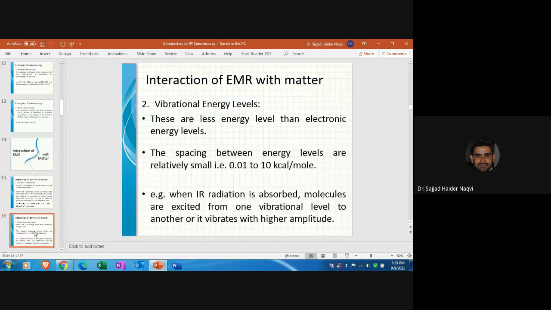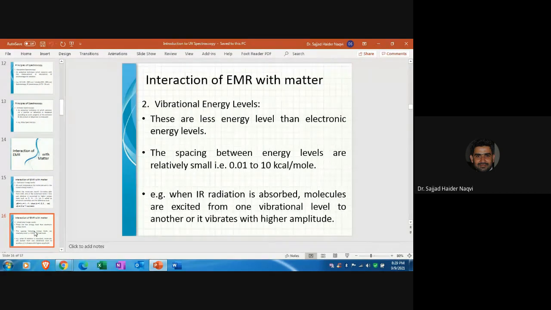Now, in this case, there will be less energy than when electronic energy levels are there. For example, when you compare the vibrational energy levels with the electronic energy levels, you can say that vibrational energy levels are at a lower energy as compared to electronic energy levels.